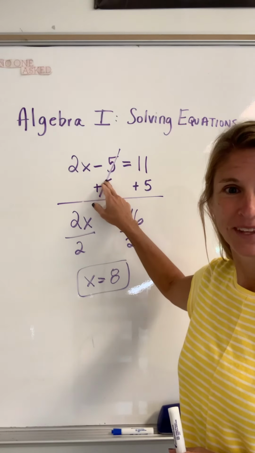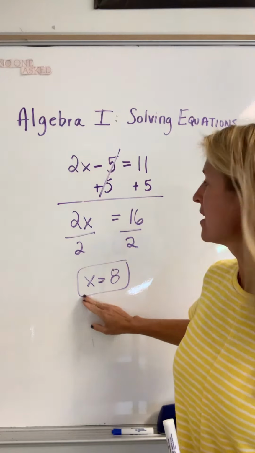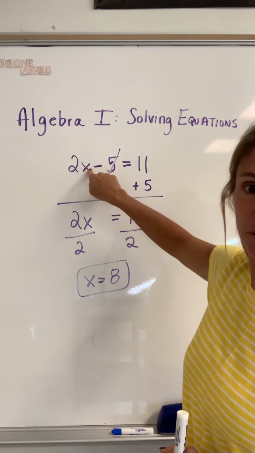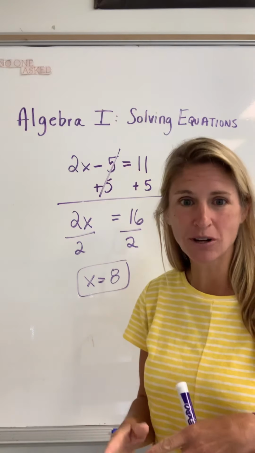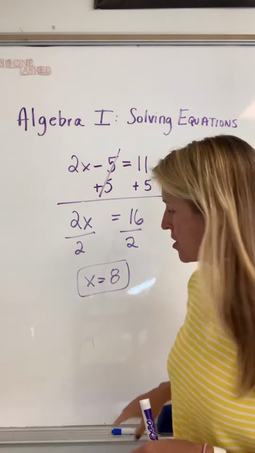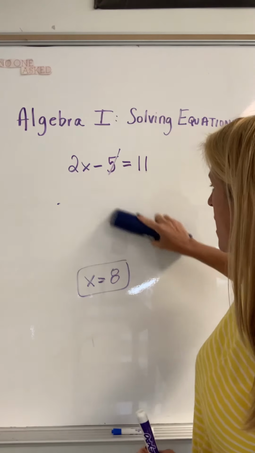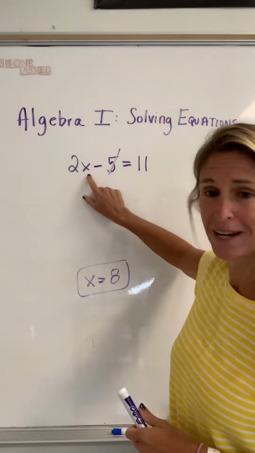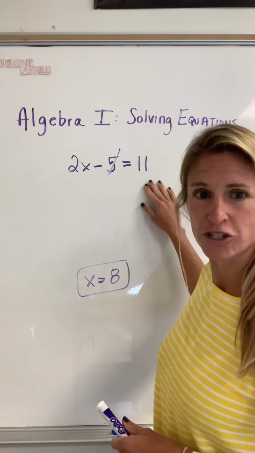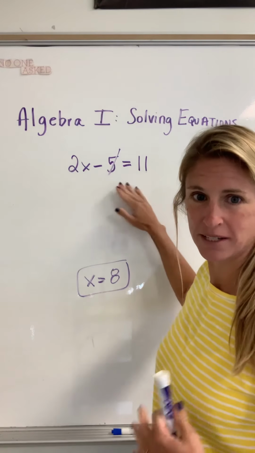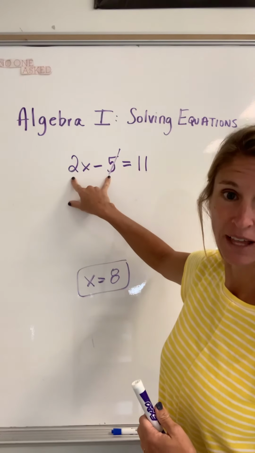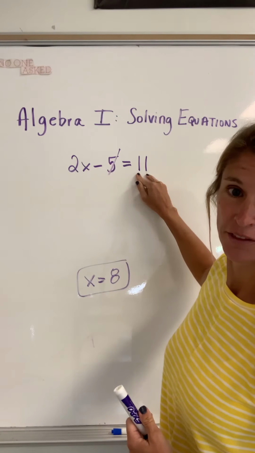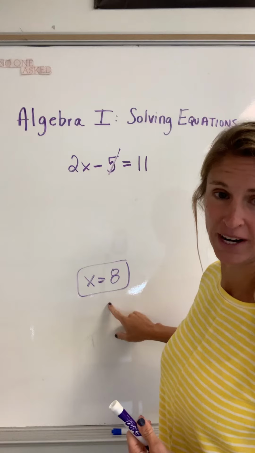Okay, so this value of x is the number that works if I were to plug it back in. We talk about substituting back in and plugging back in a lot. If I were to take x equals 8 and put it in for x, this equation should work out. That's what an equal sign is there for, to show that the stuff on the left equals the stuff on the right, as long as I find the right x.